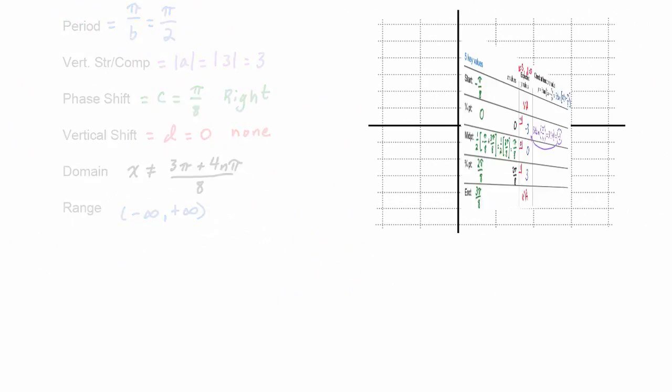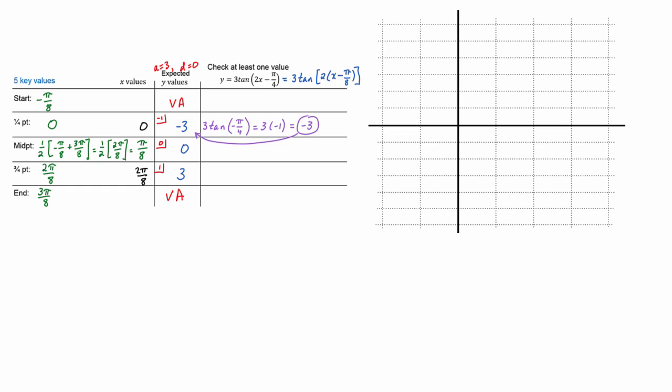We can see that our x scale is that we're going to want to go by pi over 8. So we've got negative pi over 8, 0, positive pi over 8, 2 pi over 8, and 3 pi over 8. Our y values have to go from negative 3 up to positive 3, so it looks like we'll probably want to go by ones.